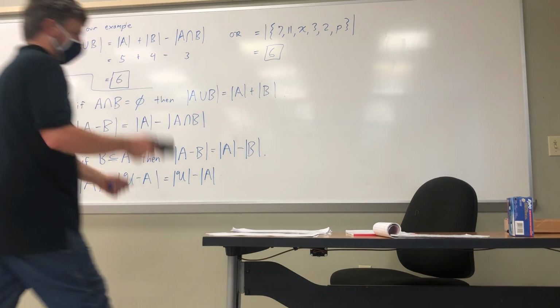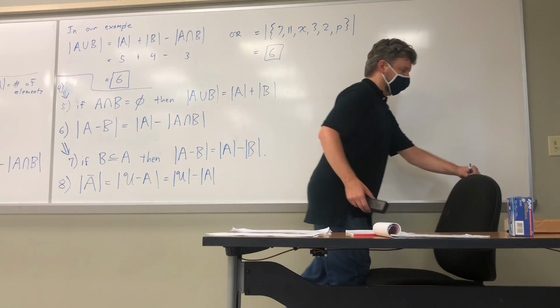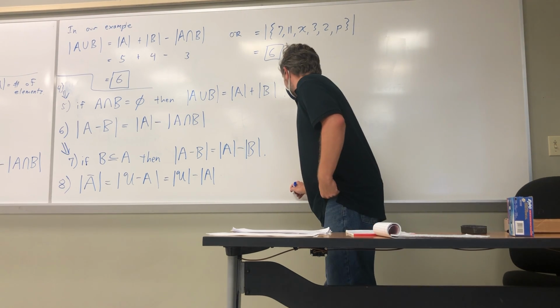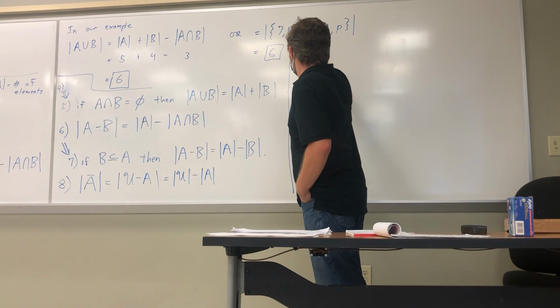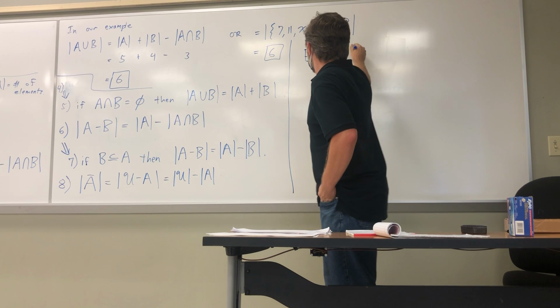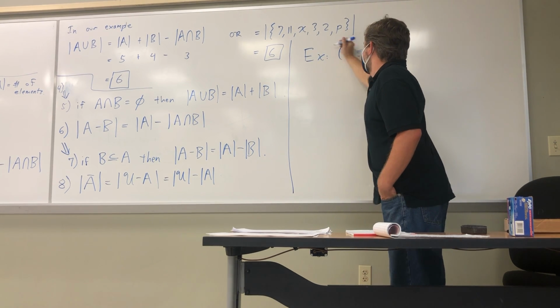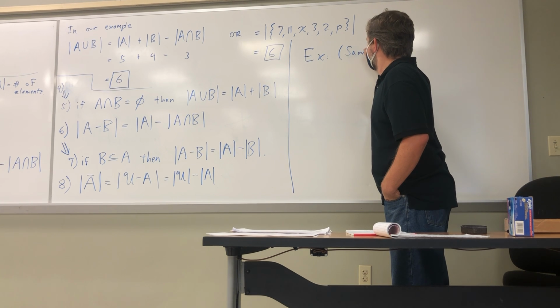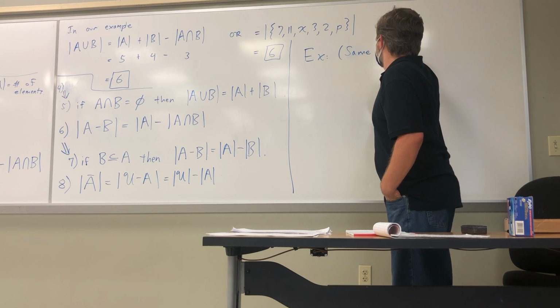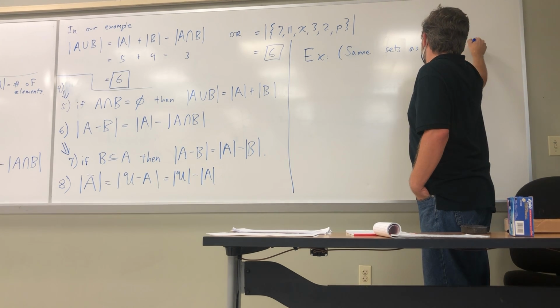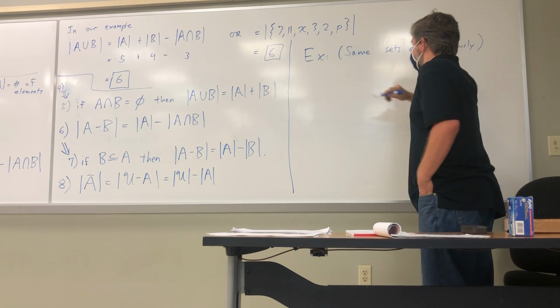Maybe I'll squeeze it over here. It's still dark there, isn't it? It's okay if I write large. Hopefully. So for an example, same sets. Right. So I won't change my sets at all.